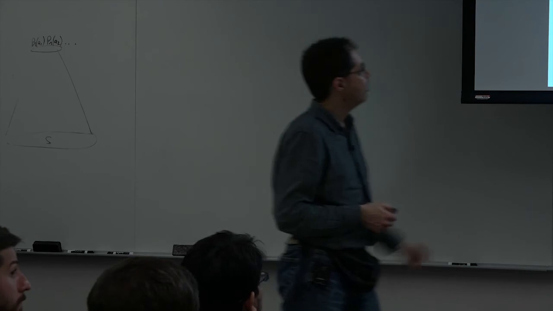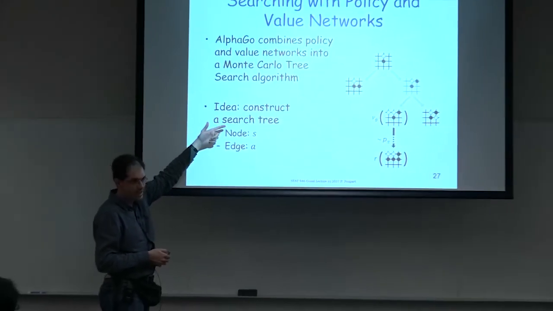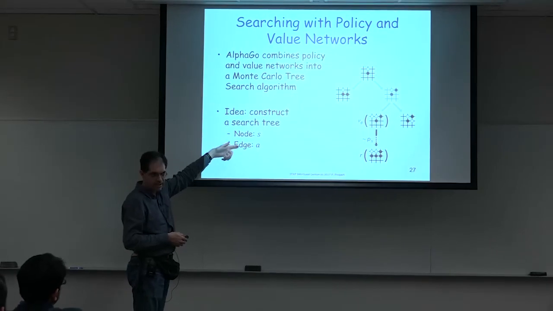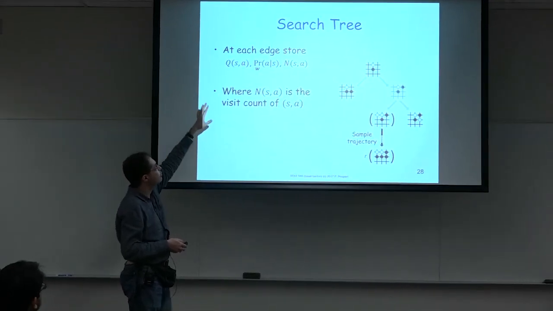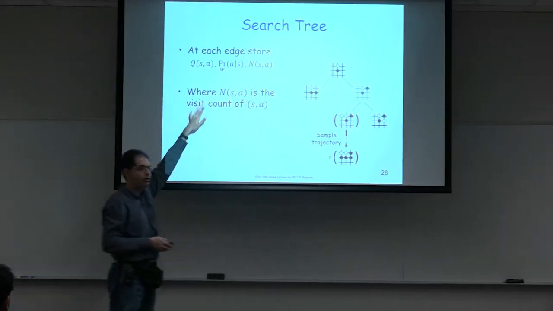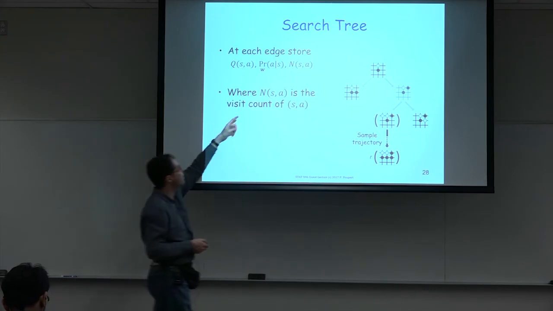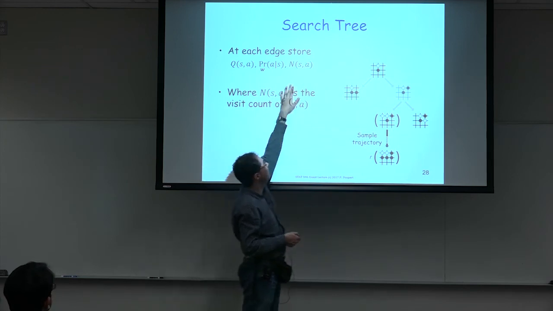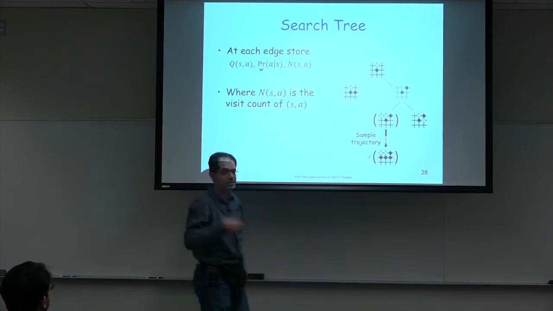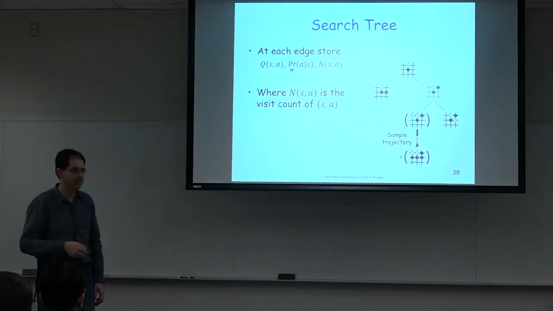Okay, so in this tree, what should be clear is that every node is a state and every edge is an action. Now, with every edge, we're going to store the Q function, which is the sum of the rewards, and then we're going to store as well the probability of choosing that action according to our current policy, and then a count that tells us how many times we've chosen this action in this state.